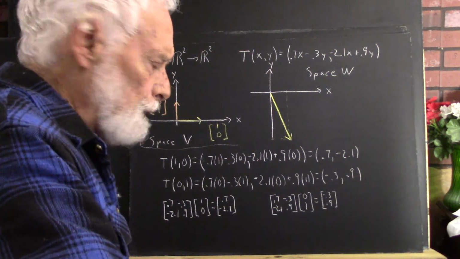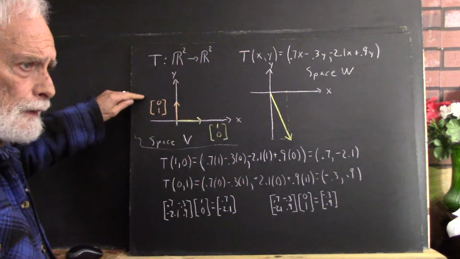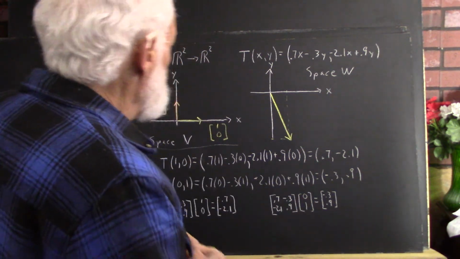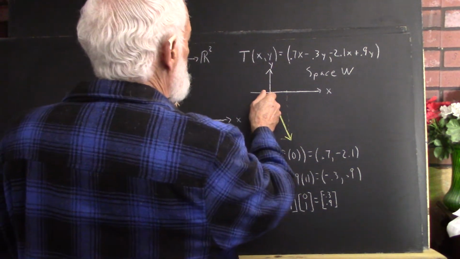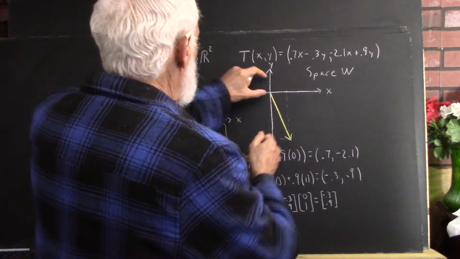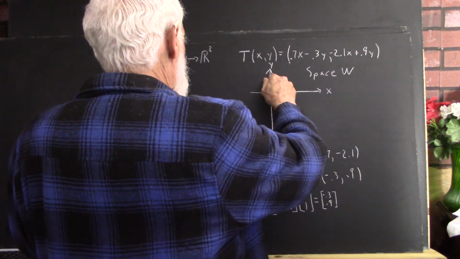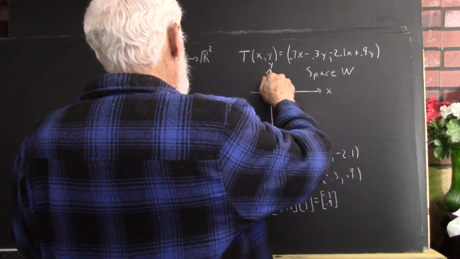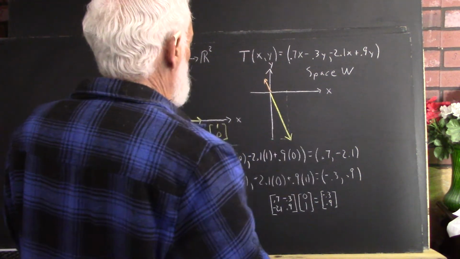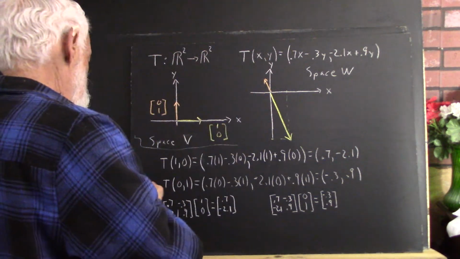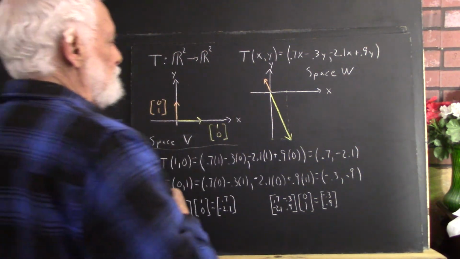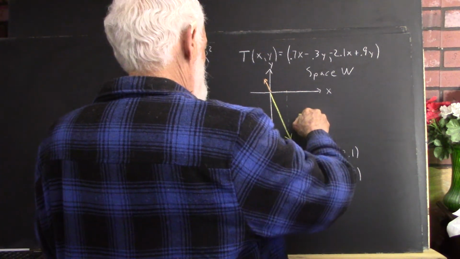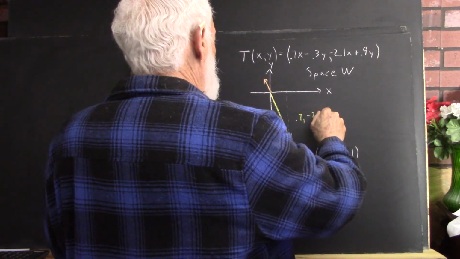And similarly, our orange vector, our 0, 1 vector, will go to negative 0.3, 0.9. Well, let's see, negative 0.3 would be about here, and 0.9 would be about here. So we're going to have a vector that looks like this. Okay, so we have 0.7, negative 2.1.